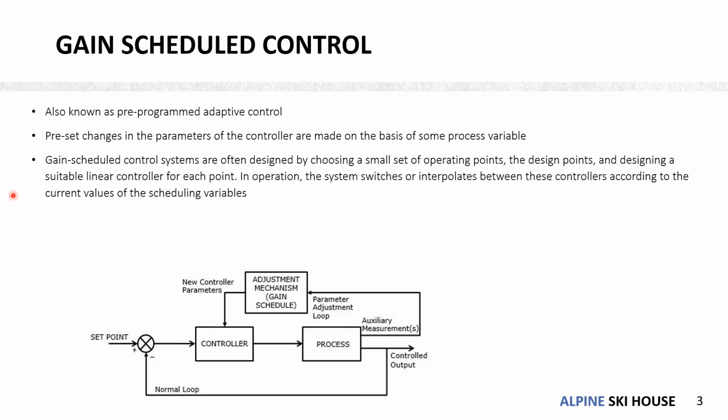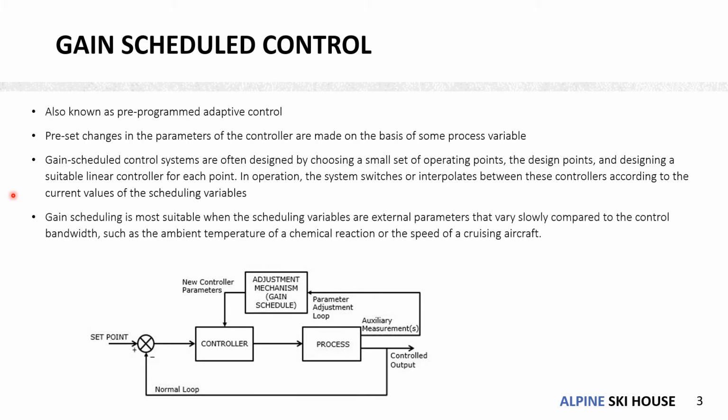Once the value of the monitoring variable changes from one set to another set, the controller also changes its response. That is, in operation, the system switches between the controllers according to the current value of the monitoring variable or the scheduled variable.